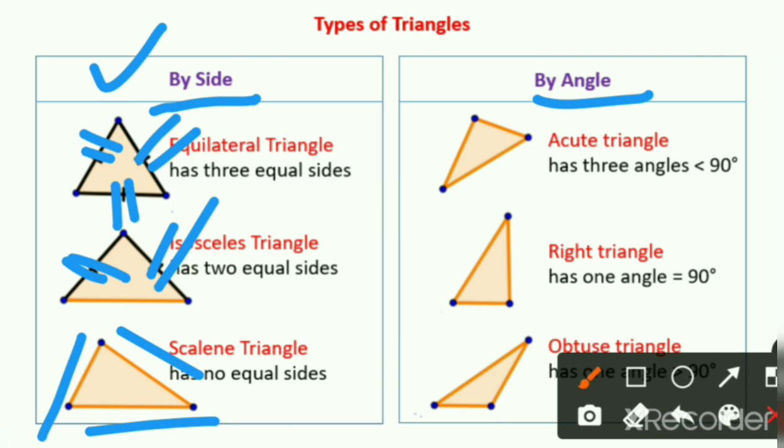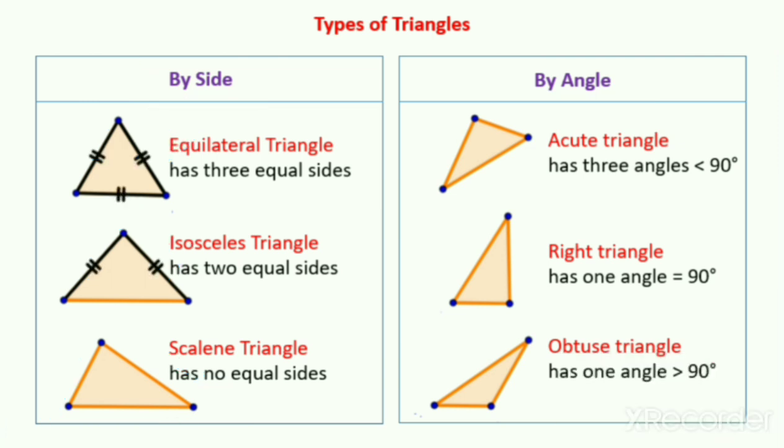Now next we are going to see classification of triangles based on their angles. First one is acute angled triangle. A triangle has three sides and three angles, yes or no?